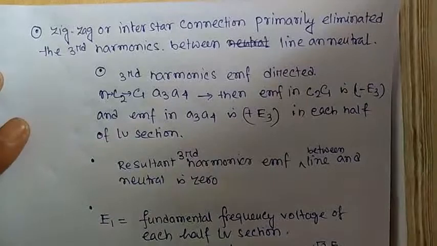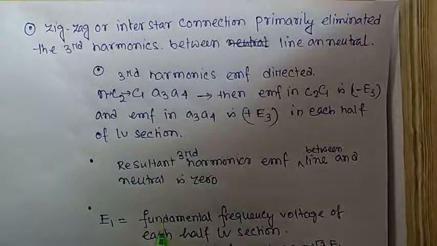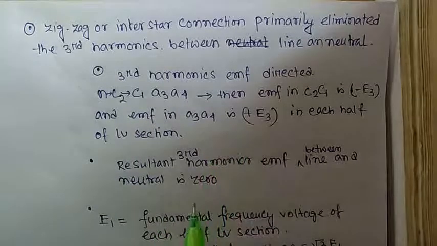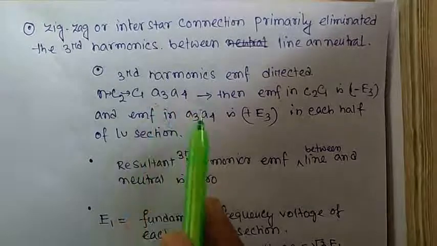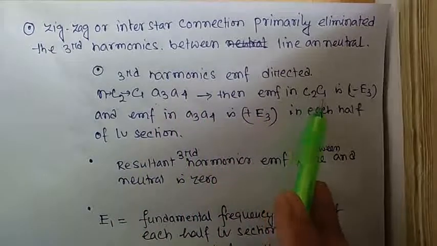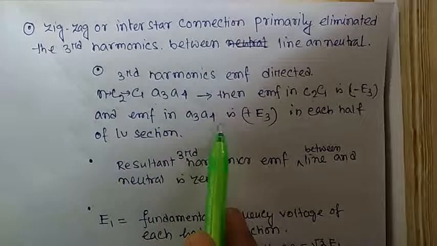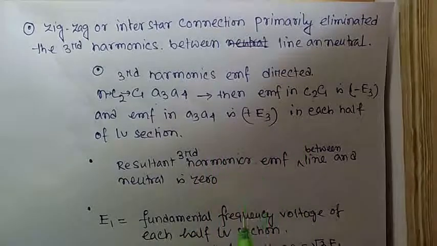At last, the zigzag or interstar connection eliminates the third harmonics between line and neutral. The resultant third harmonics EMF between line and neutral is 0, since the induced EMF in C2, C1 is minus E3 and in A3, A4 is plus E3 in each half LV section.